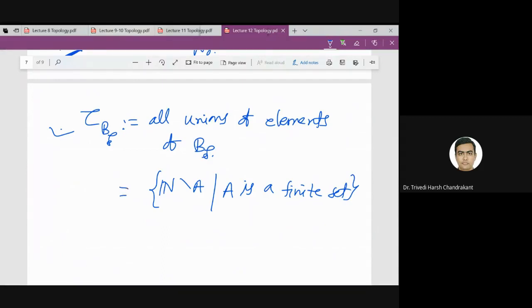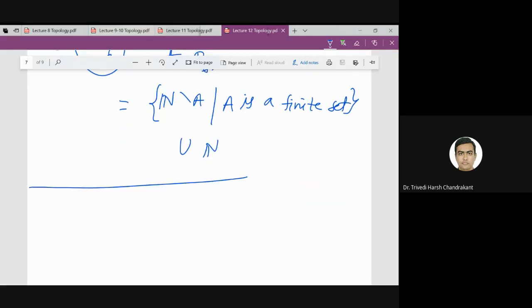So in other words, I want to say this family is exactly this topology. For example, if I have the set N minus A union N minus B, what will be this set?